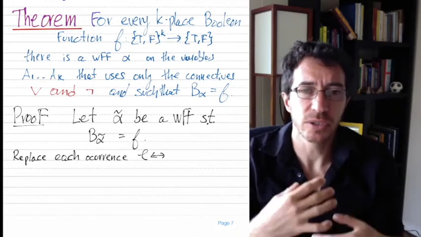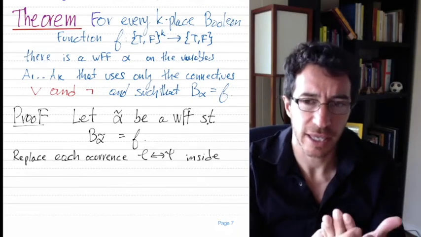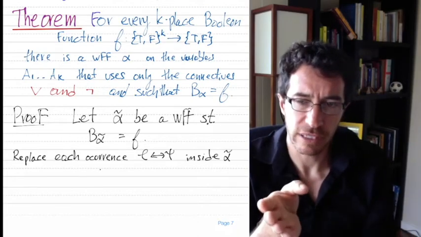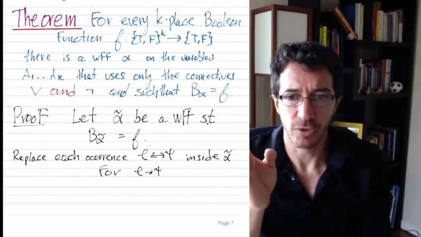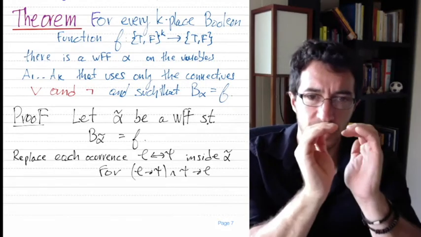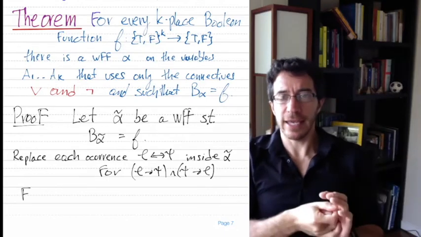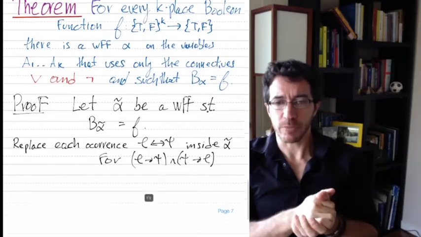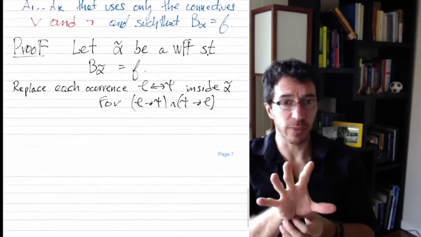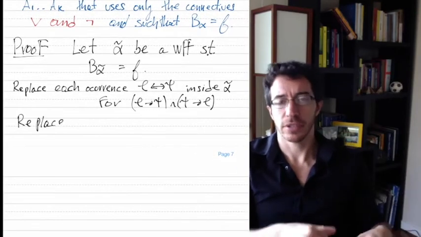What we're going to do is replace each occurrence of if and only if inside alpha tilde with this bigger formula. Whenever you see an if and only if, you replace it, and then we keep going. Now we have a formula that has no if and only if.